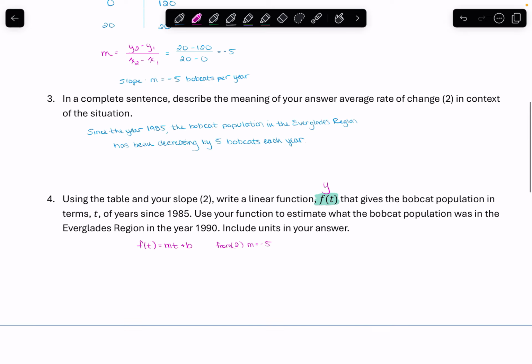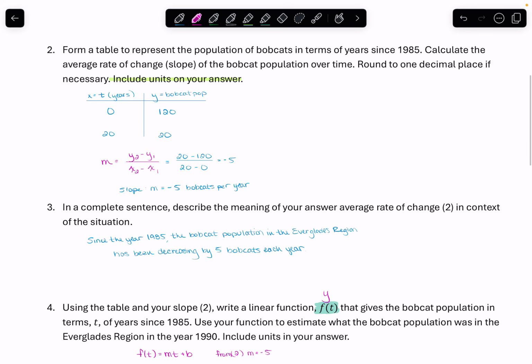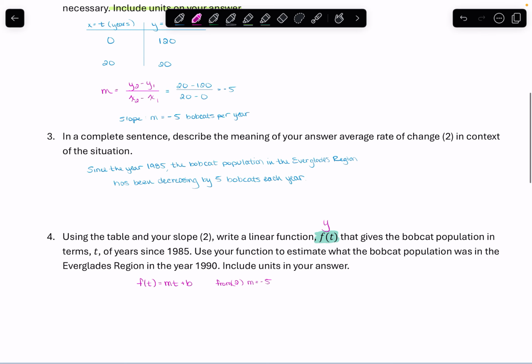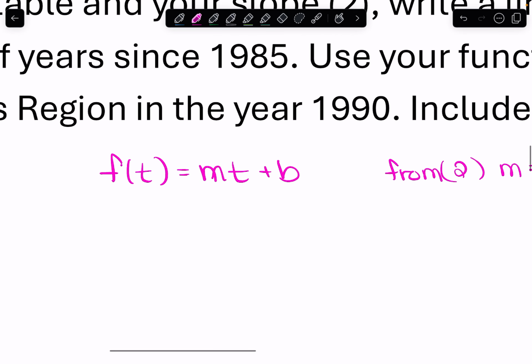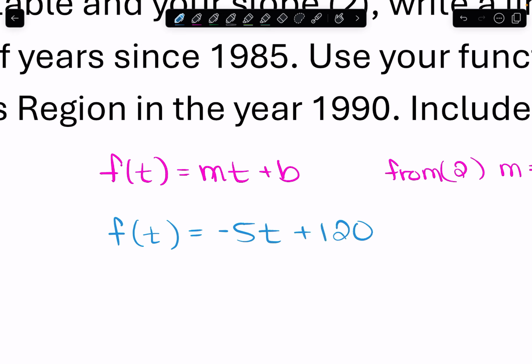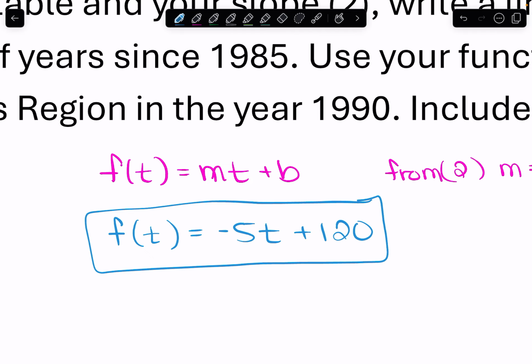And then I need my y-intercept. Remember, y-intercept is when your x or your t or your time is 0. We also have that in our table. It is 120. So we know m is -5 and b is 120. So there's my 2 variables. Then I can plug them in. So my function f of t is -5t plus 120. So there's problem 1.